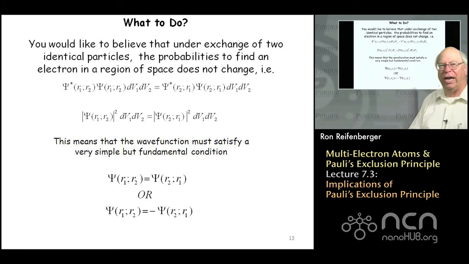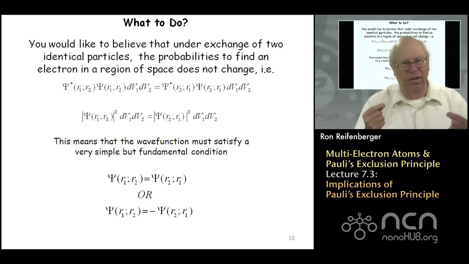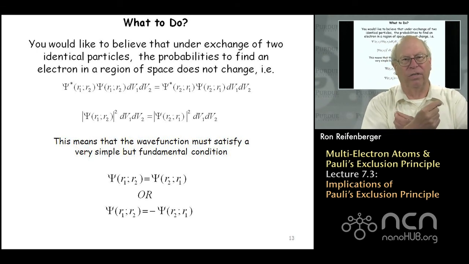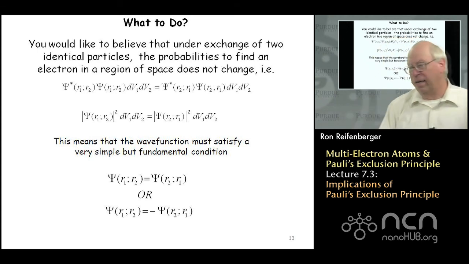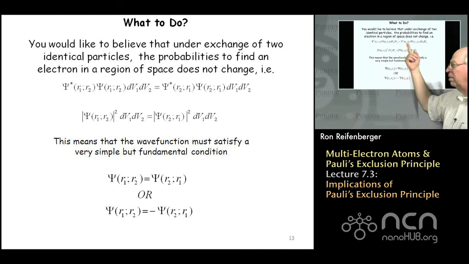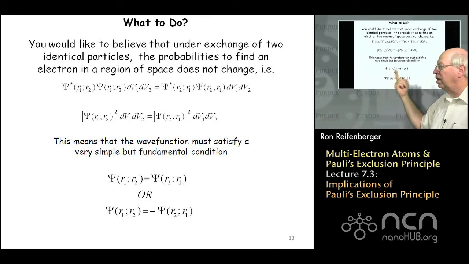So there should be no change in the probability that I find the electron at some position if I switch the electron with its neighbor. And this simple fact implies that this type of an equation has to be true. And the only way that this type of an equation can be true is if these two particle wave functions are equal after you interchange particles, or they change sign if you interchange particles, right?